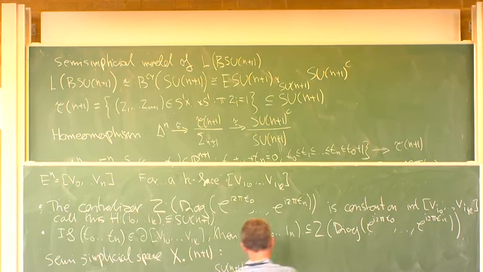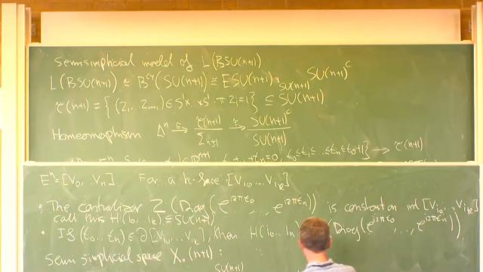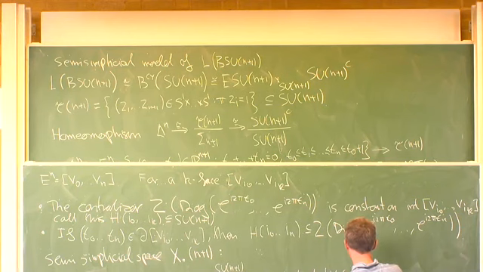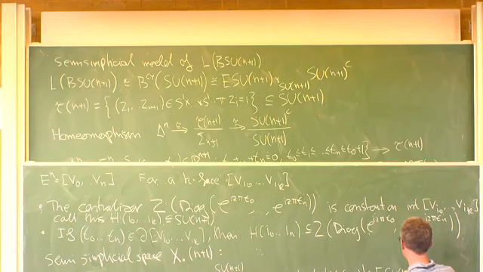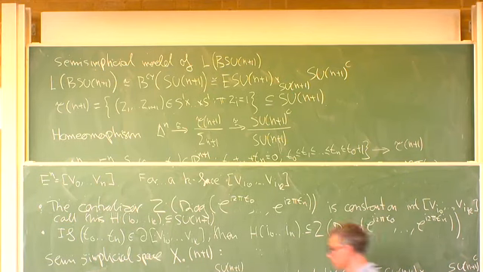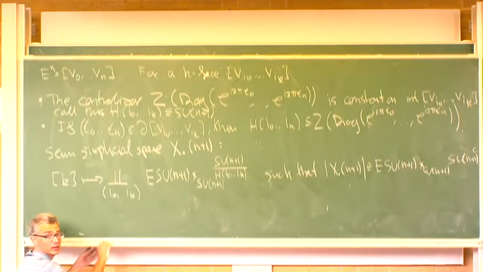It gives a semi-simplicial space such that the topological realization of that is homeomorphic to those homotopy orbits that I'm after. And I'm going to use that to set up a spectral sequence. So let me do that in the next tutorial.